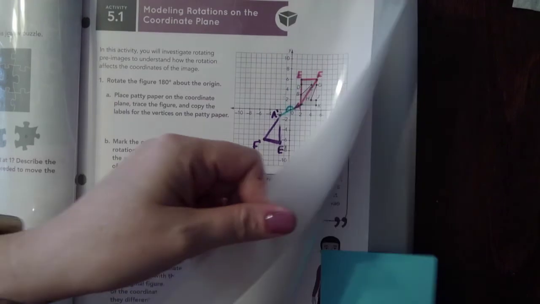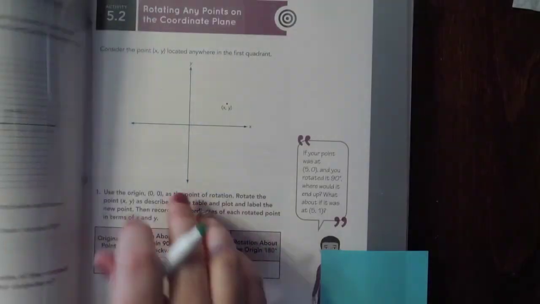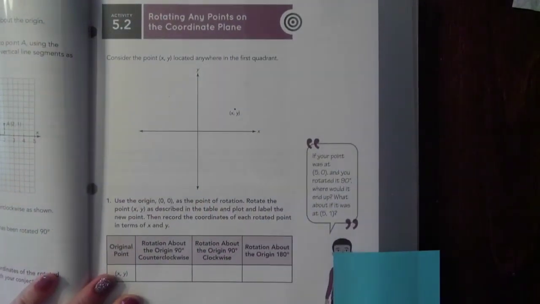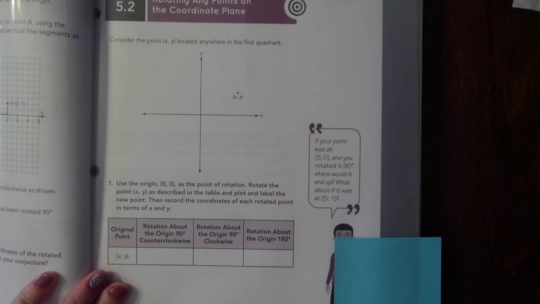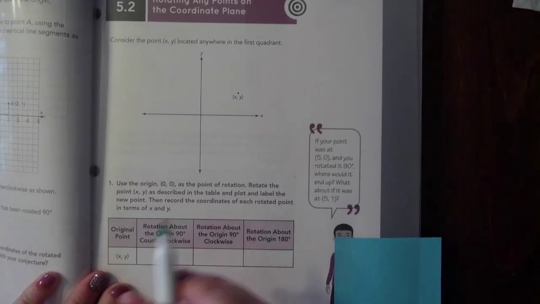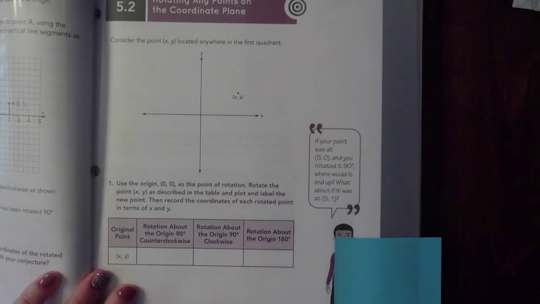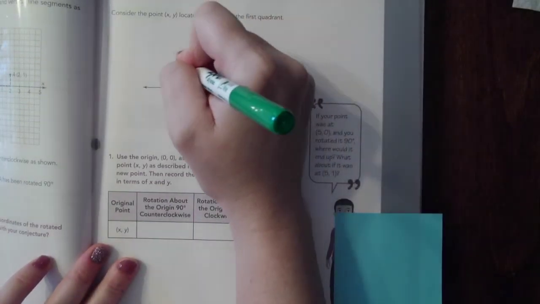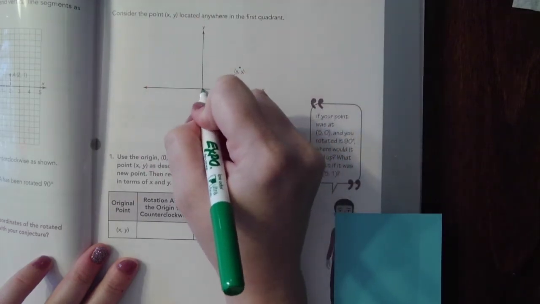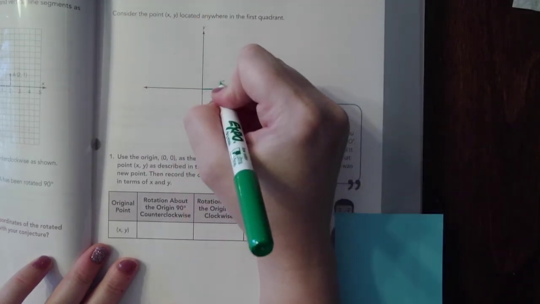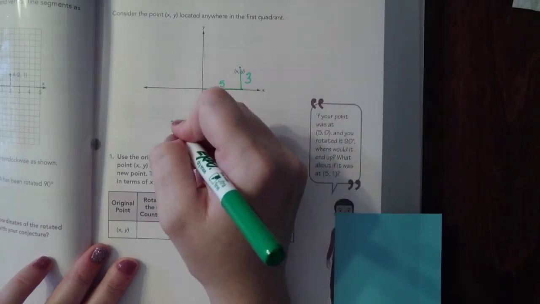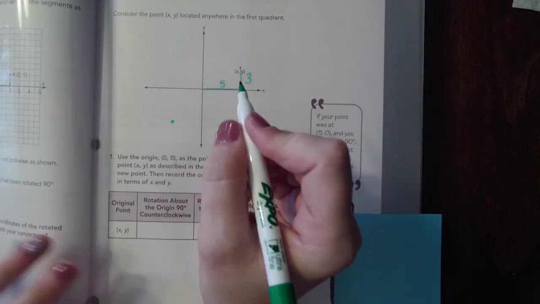Okay, so I'm going to go over here to this 5.2, which is where we're writing the rules. We will put it in our notebook in the next lesson, in just a little bit. So if I'm up here and I rotate here, so again, if I am 5 over and 3 up, if I'm going to rotate down here, let me show you this over here so I don't mess you up.